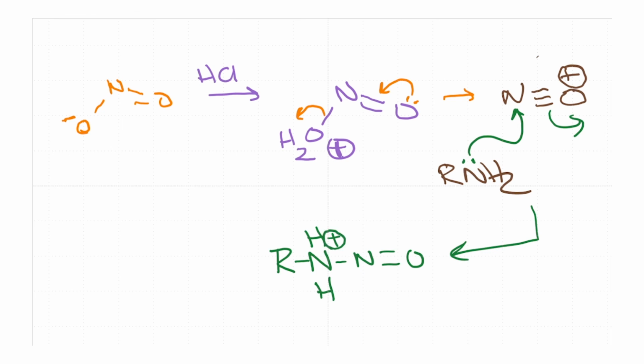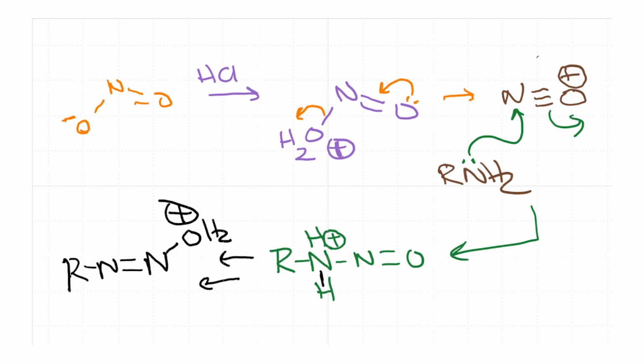What can next happen is a loss of proton, which can subsequently get converted to R-N double bond N-OH2 plus. So this undergoes a series of steps. There's going to be a proton transfer followed by the movement of this lone pair on the nitrogen, which is then restored. Now, this is the key step here for us to work through.